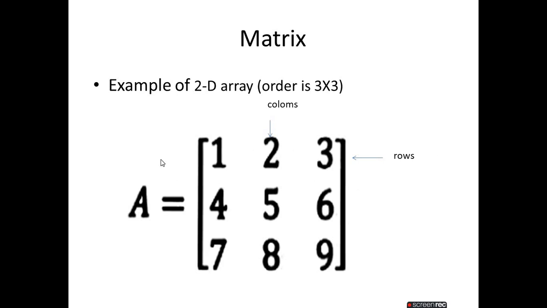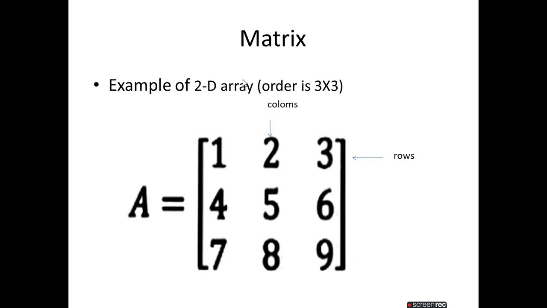The horizontal part is called a row, which means rows are defined in the horizontal direction. In the vertical direction, columns are defined. In a simple way, remember that this is a row 0 element, this is a row 1 element, this is a row 2 element.